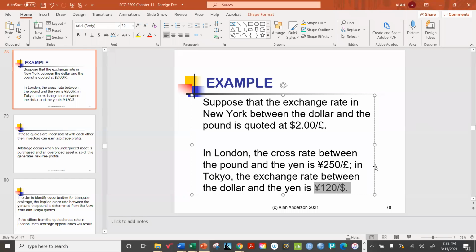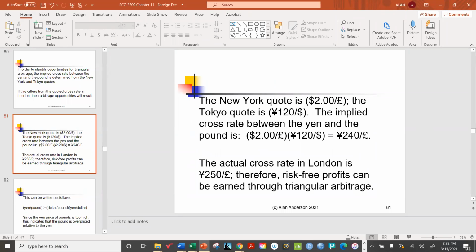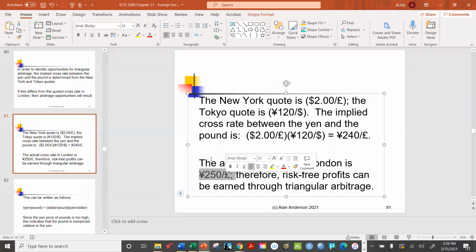If I take those two quotes and combine them, you can see that the cross exchange rate should be 240 yen per pound. But somehow this other dealer in London gave us a quote of 250 yen per pound. So clearly there is an arbitrage opportunity here.